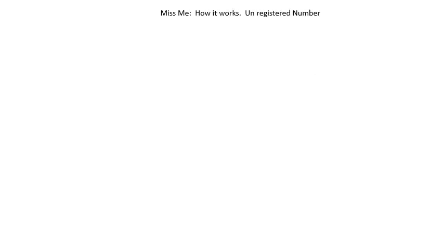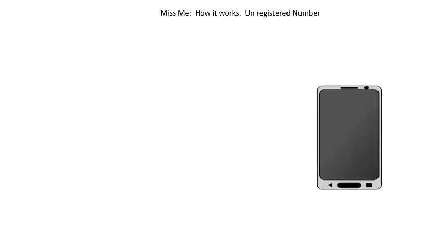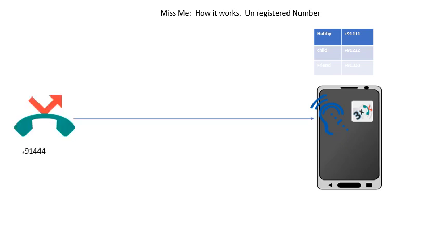Let's take the case of how the Miss Me app works when a call comes from an unregistered number. Miss Me app has, like I said, a database of numbers that represents the numbers of your near and dear ones. And there is also a background service. The background service is continuously running in the background and listening to incoming calls. So the purpose of background service is to listen to the incoming calls.